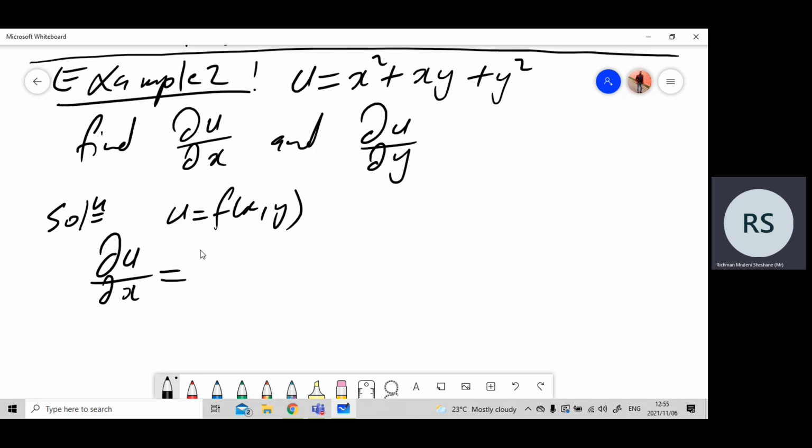So the first term is going to be 2x plus, in the second term, we're deriving x. So a derivative of x is 1 times y, it's y. And the derivative of the third term, remember, we're deriving with respect to x while we treat y as a constant. So if constant is alone on a term, so the derivative of a constant is 0, right? So the answer here is 2x plus y.